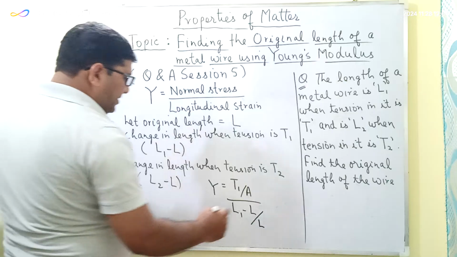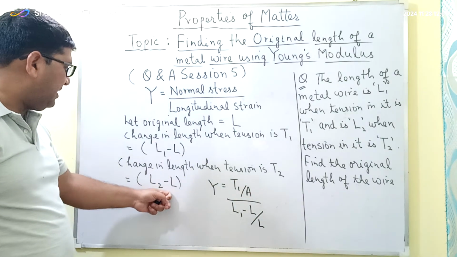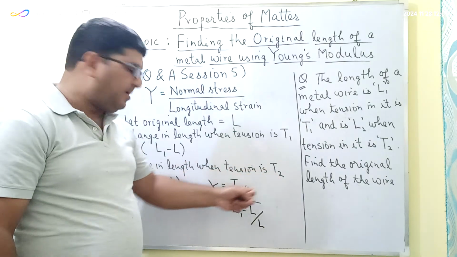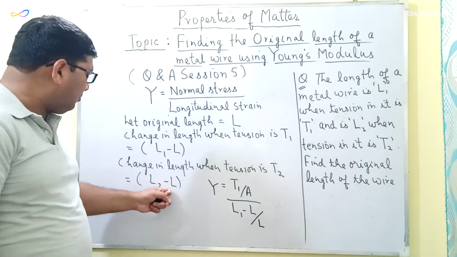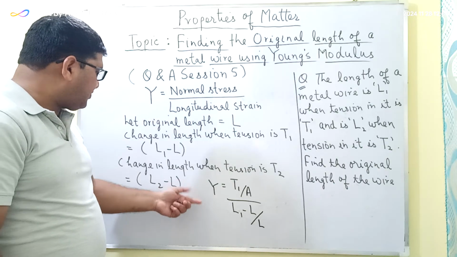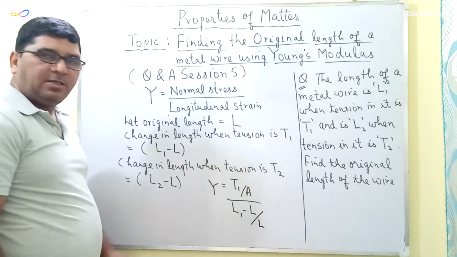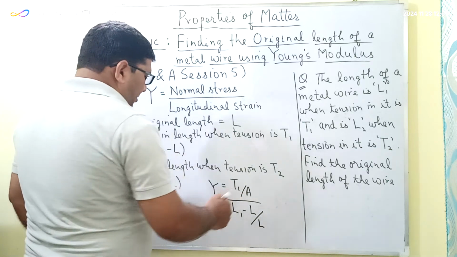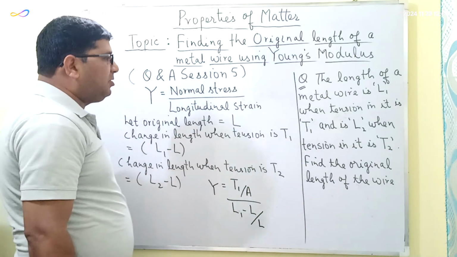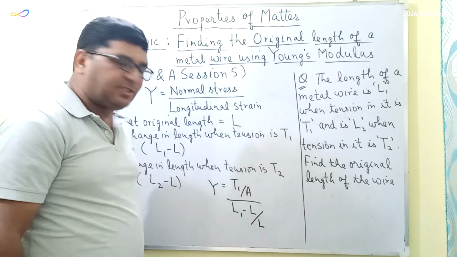Now in the second case, when the tension is T2, the change in the length is equal to L2 minus L, and the strain will be equal to L2 minus L divided by L, where L is the original length. Since in both the cases the metal wire is the same, the Young's modulus will remain the same.